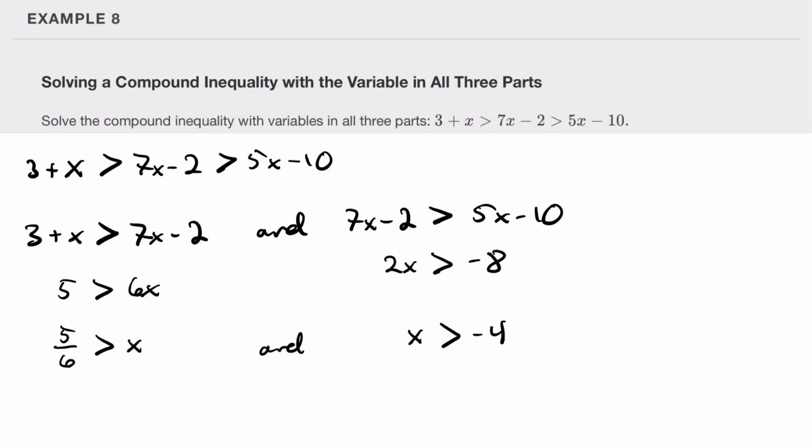So then if we put this in order, it looks like we're finishing with the far left is negative 4 is less than x. Let me think, is there another way I could have done this? I'm sure there is, but this is fine. And then that's less than 5 over 6.